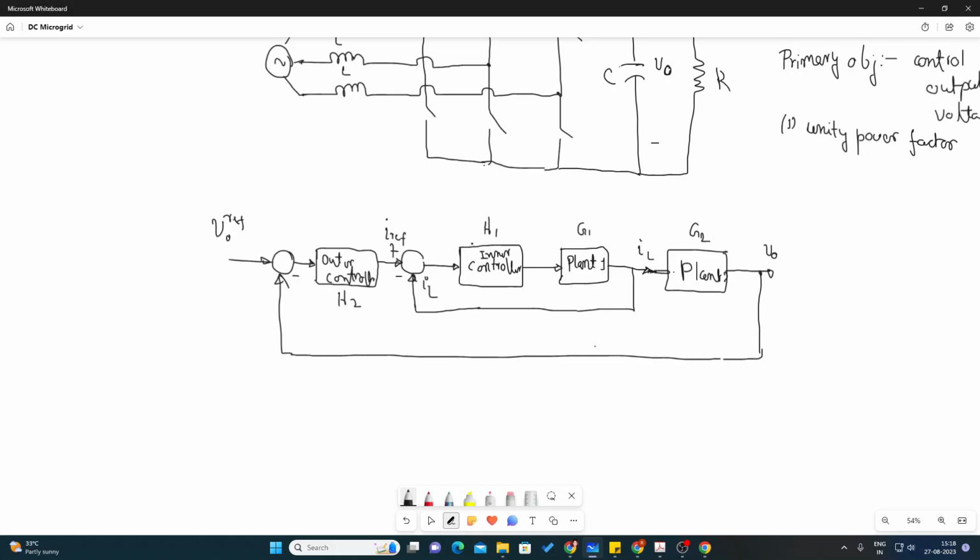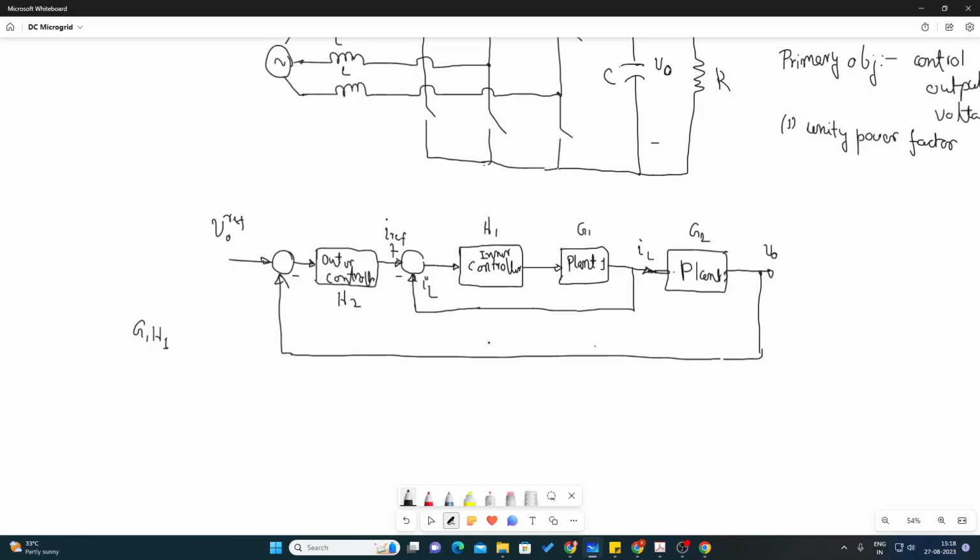Now, what is the loop transfer function for the inner loop? G1 into H1. And what you need to ensure, let us consider that this loop gain has a unity DC gain.